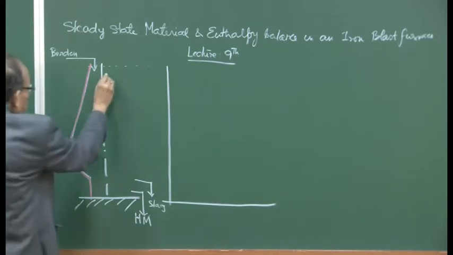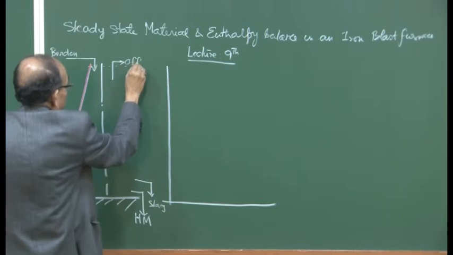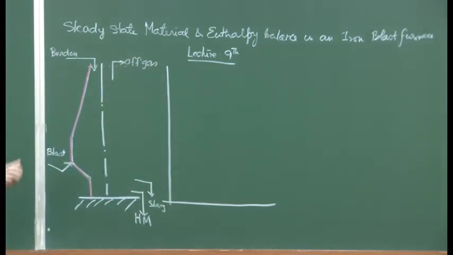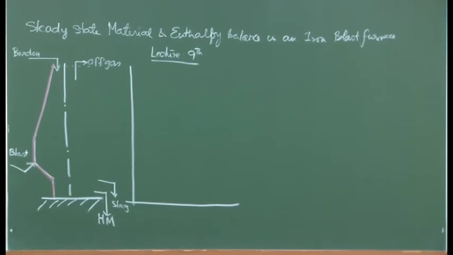And then we have, of course, a very important parameter, that is the off gas. This is a fair representation of an iron blast furnace. If you can draw a line drawing like this, people will understand that you have a good idea about what is really happening inside the furnace.